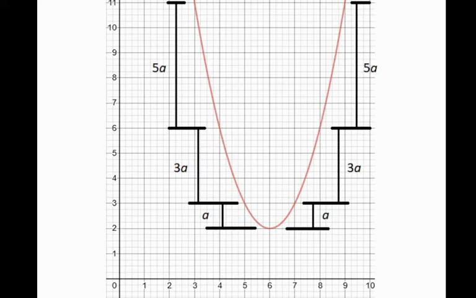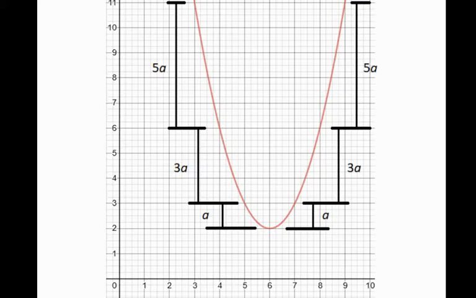So we move up by 1 when we move right by 1. The same thing happens if we go to the left. So if we go to 5 on the horizontal axis, we would go up by a on the y-axis. So we go from (6, 2) to the next 2 points, which would be (7, 3) and (5, 3).